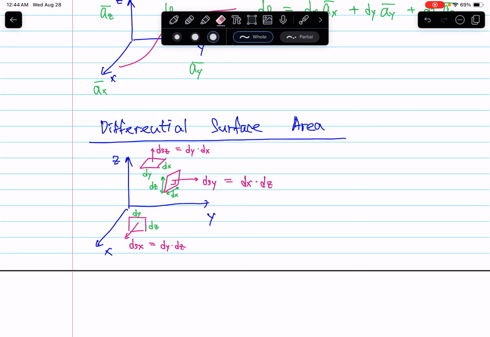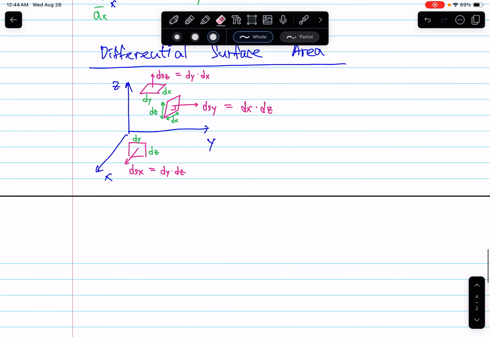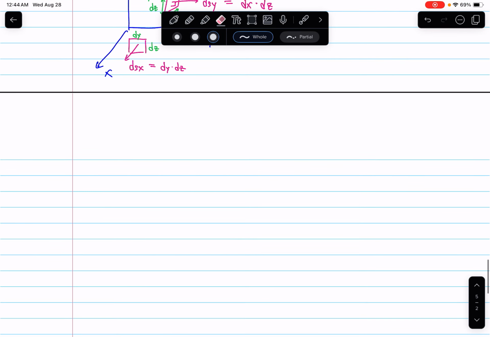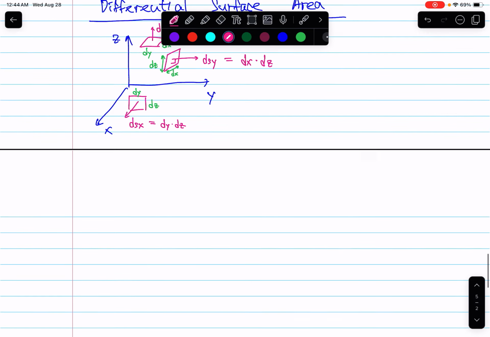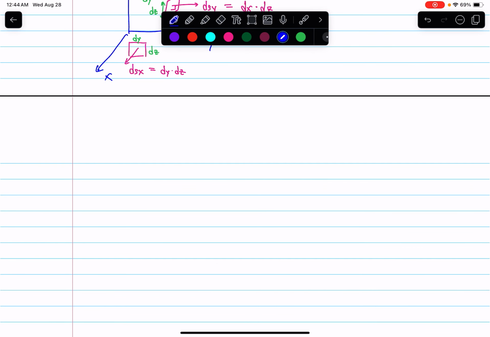All right. So the last thing is differential volume.